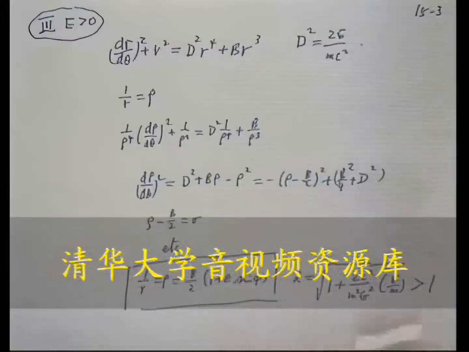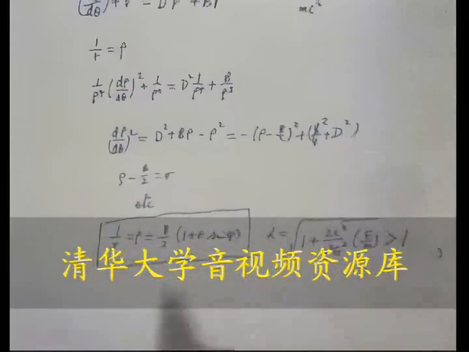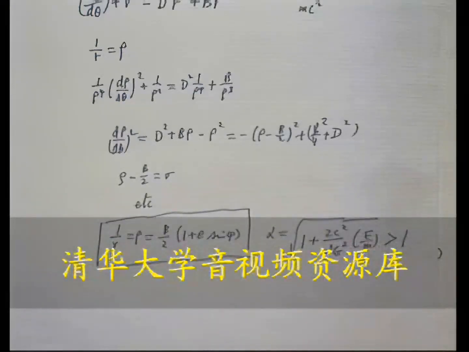So we get the same formula for the three cases, but e for the ellipse is less than 1, for the parabola is equal to 1, and now it's greater than 1, and this is a hyperbola.